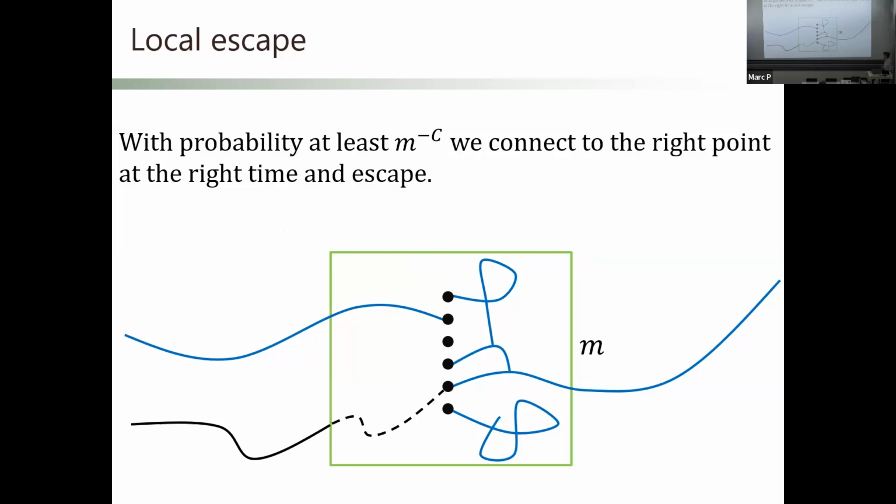And the probability of that is maybe like m, the side length, to the power of minus a constant, which could be quite small, but it's not too small for our purposes. So there's at least an okay chance of being able to escape.